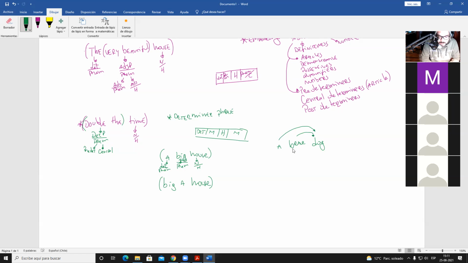So I'm still wondering whether determiners are premodifiers or not. All over again. Okay, these are articles, right? Let's do it with numbers.